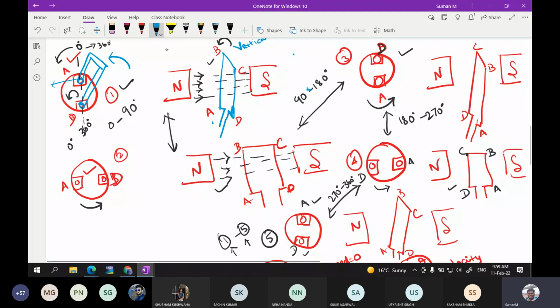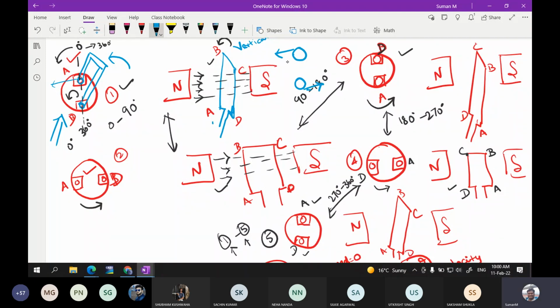So we are seeing the cylindrical structure from the front view. If we see the cylindrical structure like this, then we will be able to see only two terminals, that is the A terminal and the D terminal. A will be rotating in this direction and D will be rotating in this direction.